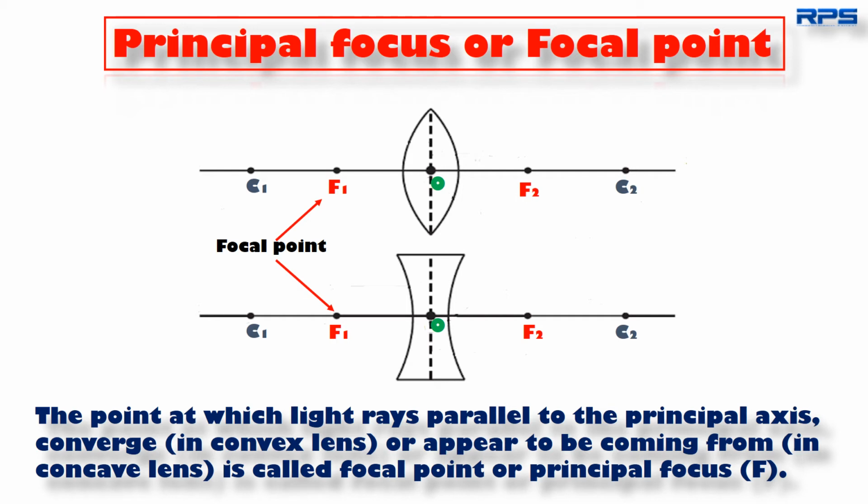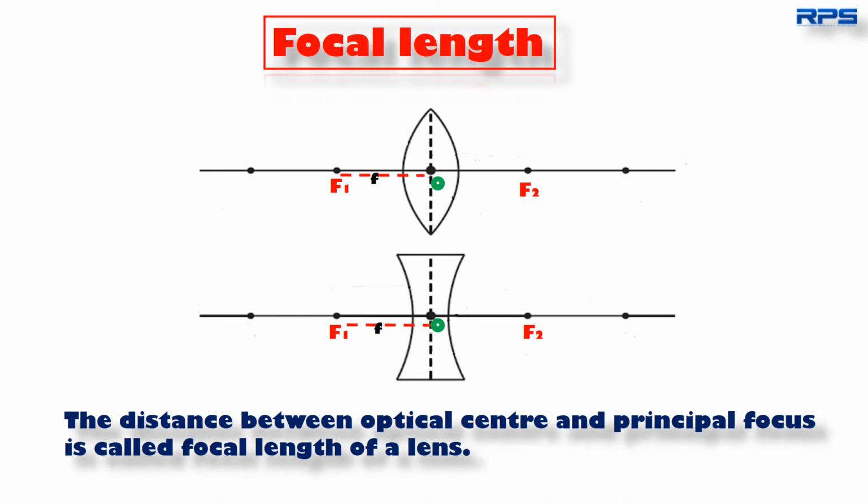Focal point is represented by the letter capital F. A lens has two focal points marked as F1 and F2. Focal length. The distance between optical center and principal focus is called focal length of a lens. Any point which is at a distance twice the focal length, is marked as 2f.